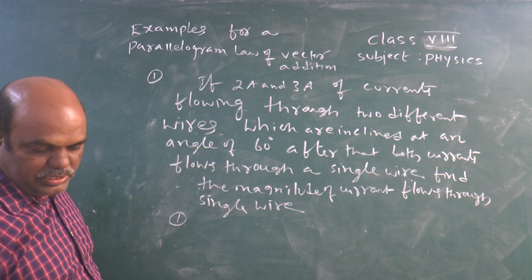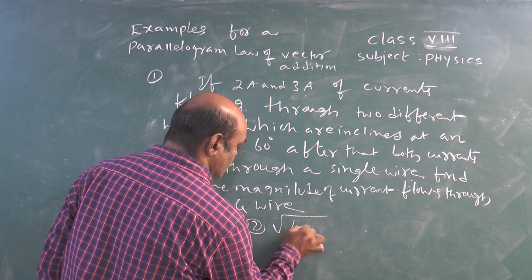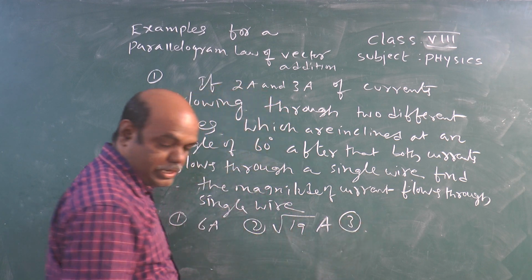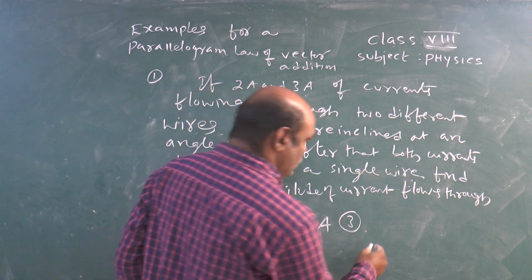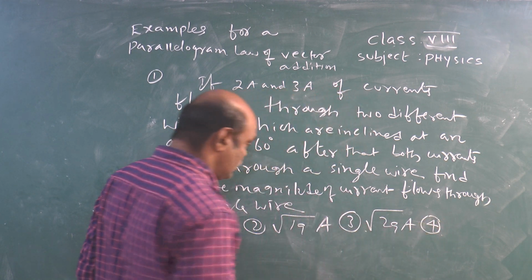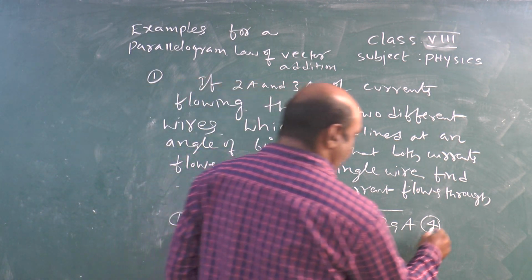The first option is 6 ampere, the second option is root 19 ampere, the third option is root 29 ampere, and the fourth option is root 15 ampere.